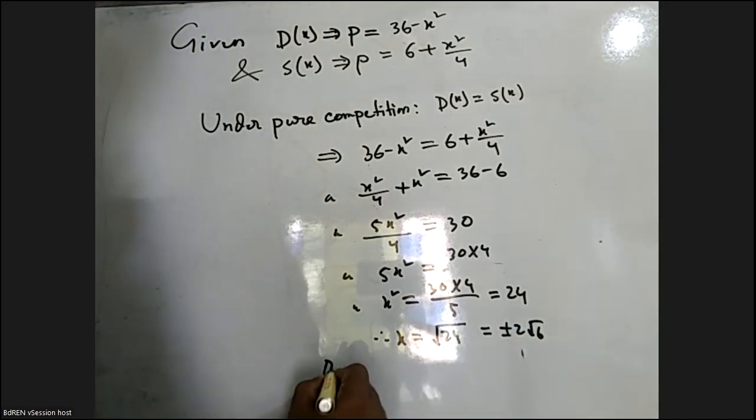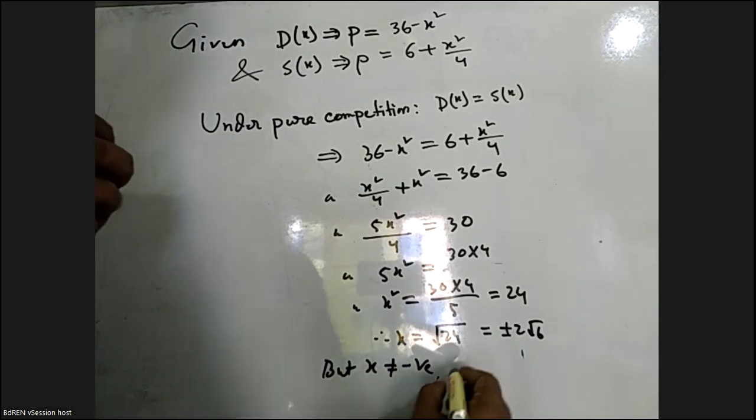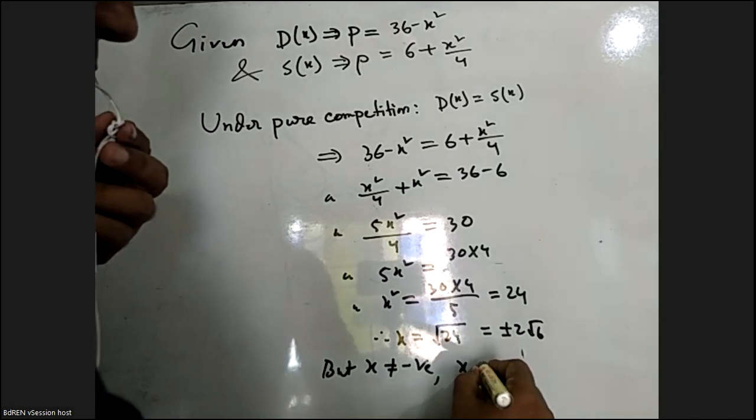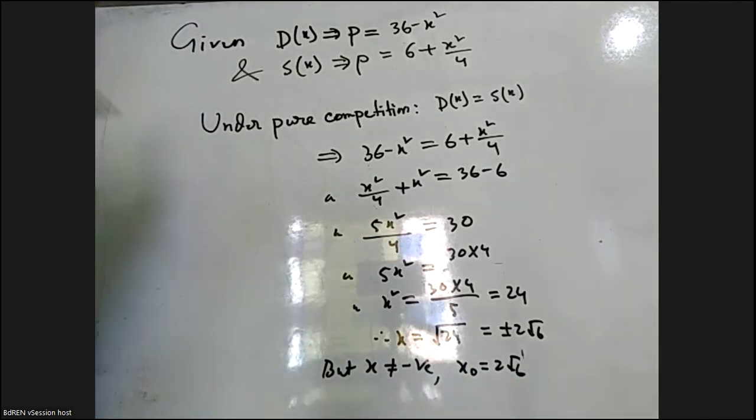But quantity can never be negative, x cannot be negative. This is why the initial quantity x naught is 2 root 6.